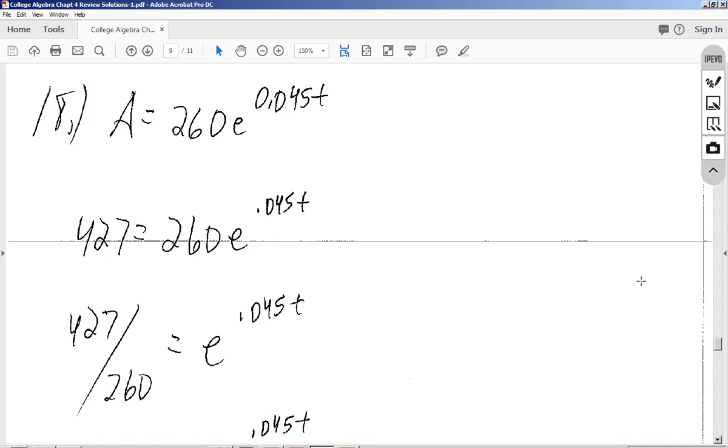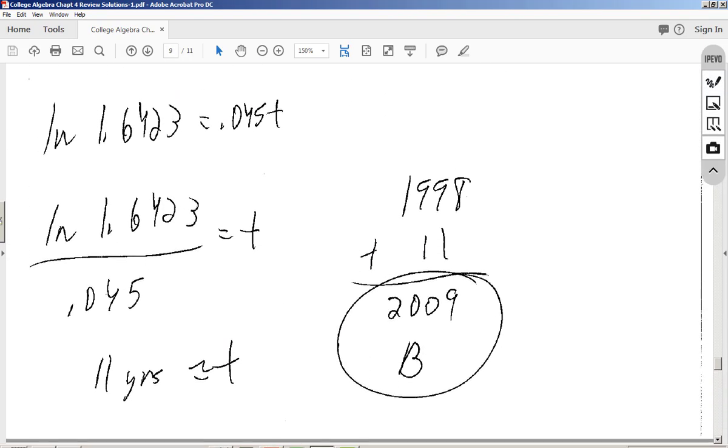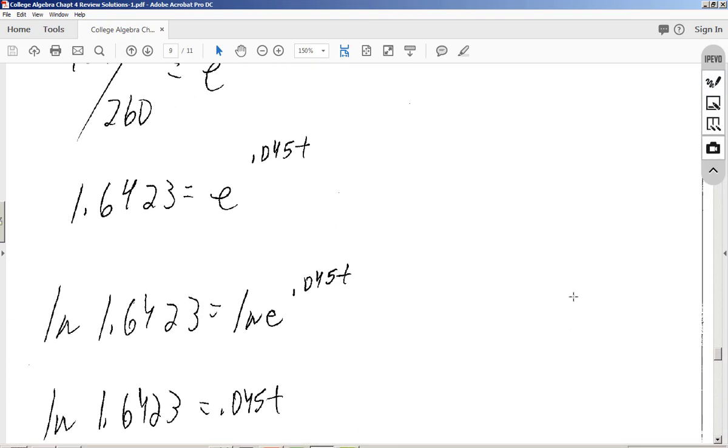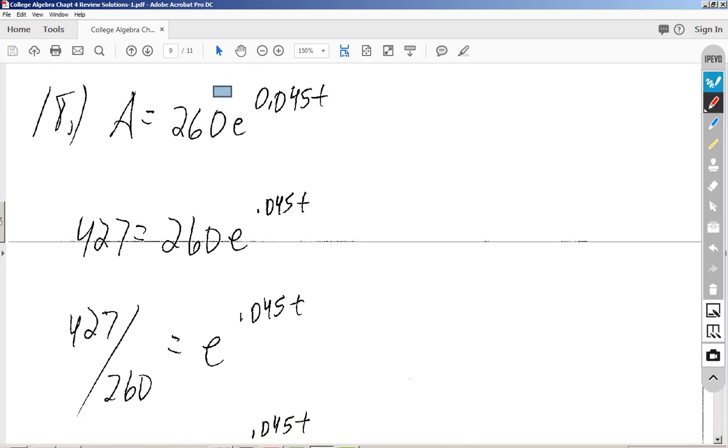So notice, as you look at your equation, this is our starting population right here. So on number 18, here's our starting population of 260,000. This is the growth rate, 0.045. And now the question says, when will the population reach 427,000? So that's going to go in place of my A.